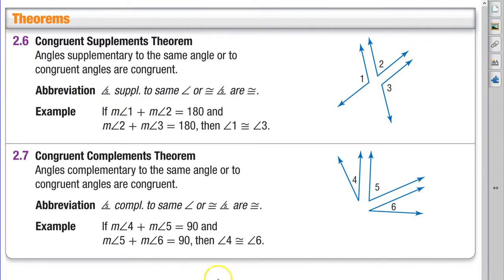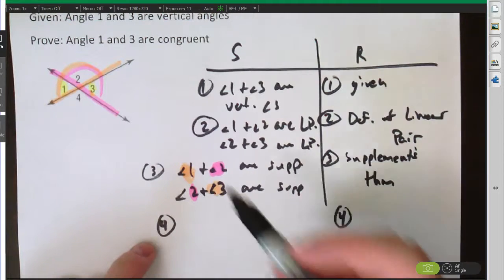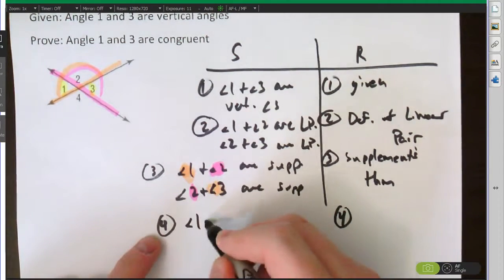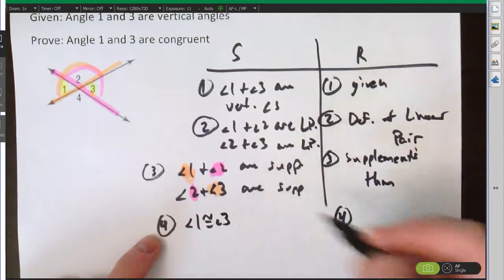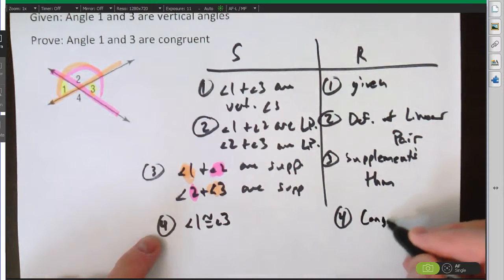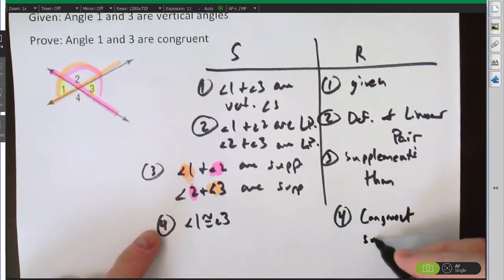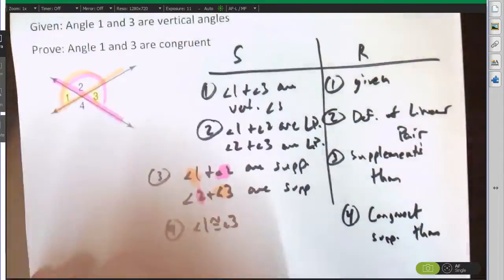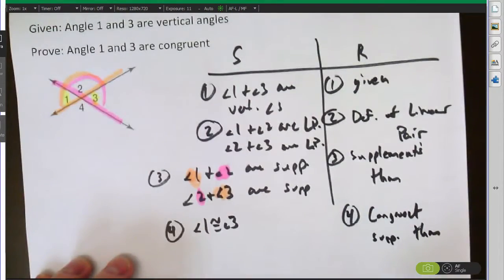Sorry, I've just been staring at this and I jumped back here. Angle 1 and 3 are supplementary to angle 2, so angle 1 is congruent to angle 3 by the congruent supplements theorem. Okay, so yeah, that's the proof. That's how we know for sure vertical angles are congruent.